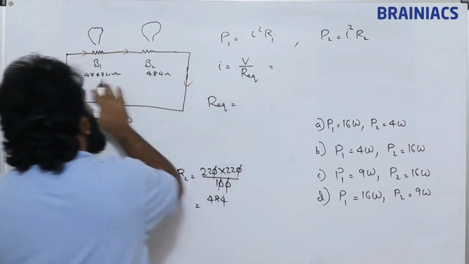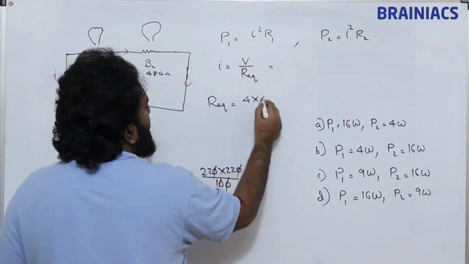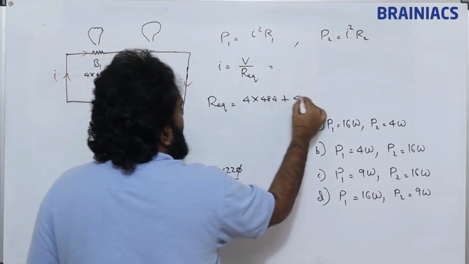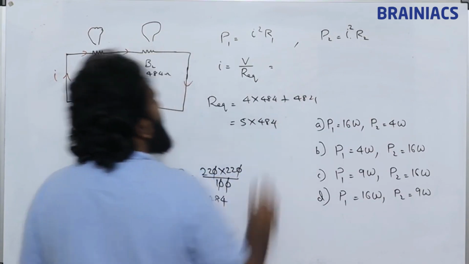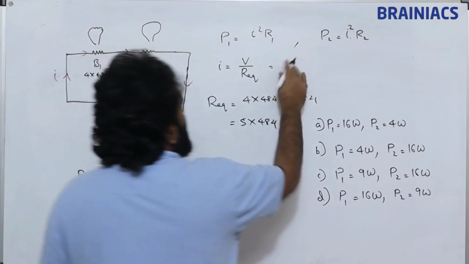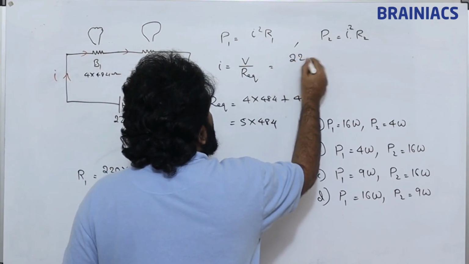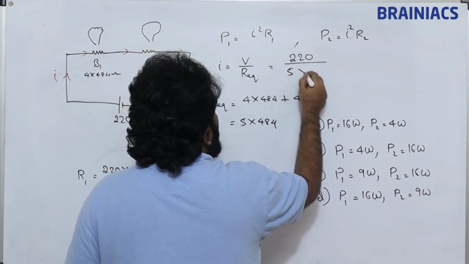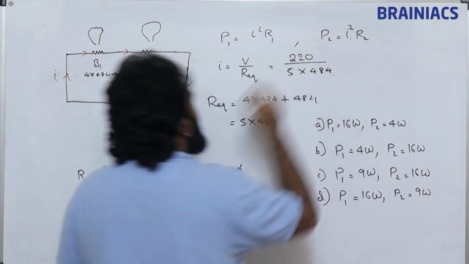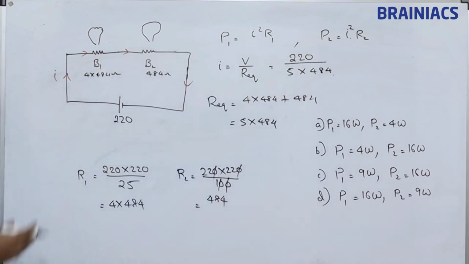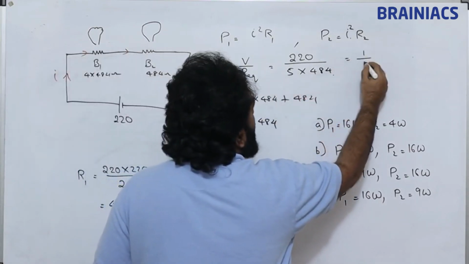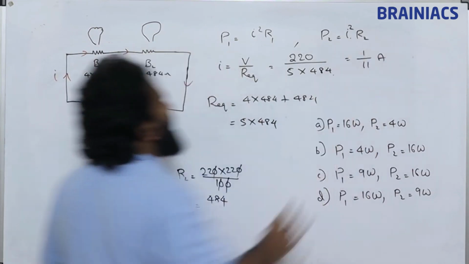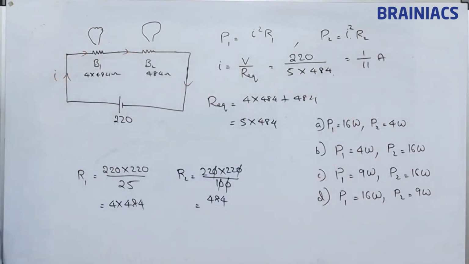R equivalent is R1 plus R2, that is 4 into 484 plus 484, so 5 into 484. V is 220, so I is 220 divided by 5 into 484. Solving this, we get 1 by 11 ampere current.